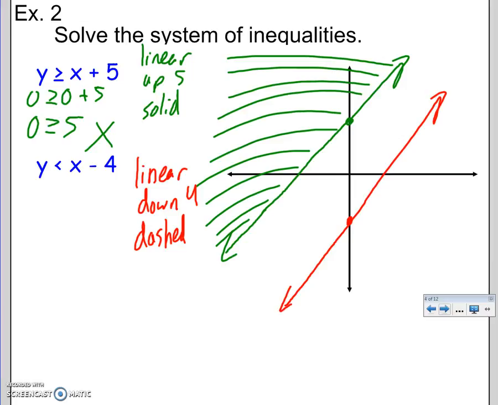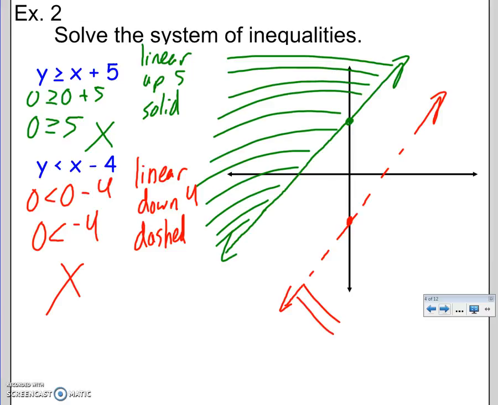And it's dashed, so let me erase part of these. Alright, there you go. And now for shading, I plug in 0, 0. 0 for x, 0 for y. 0 less than -4. Is 0 smaller than -4? That is false. So I don't shade the side with 0, 0. I shade the side without it. So this time it's the right of this red line.